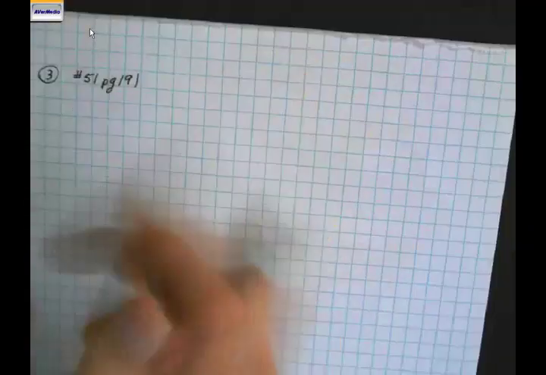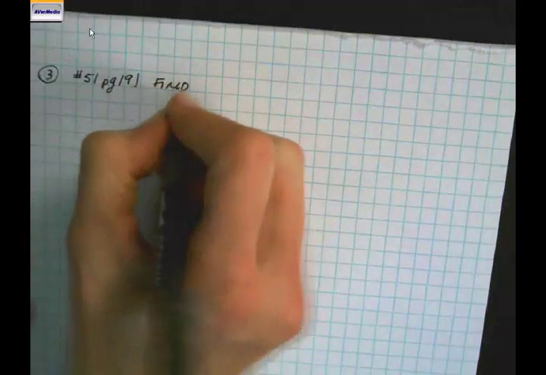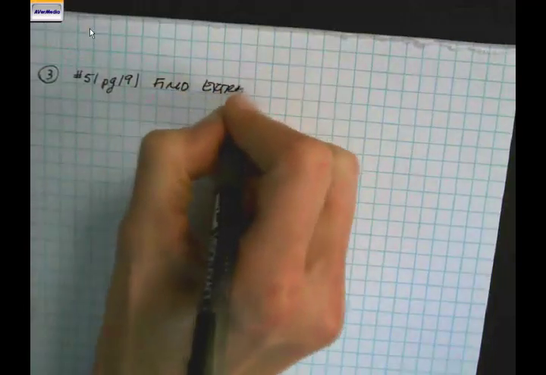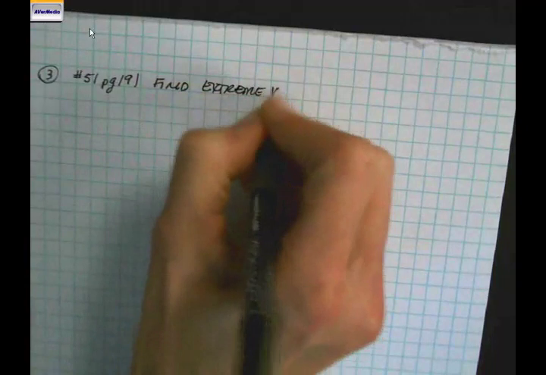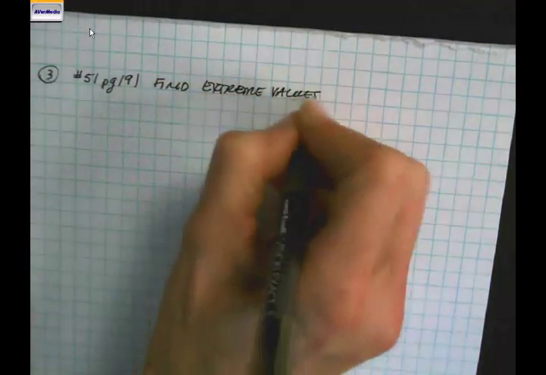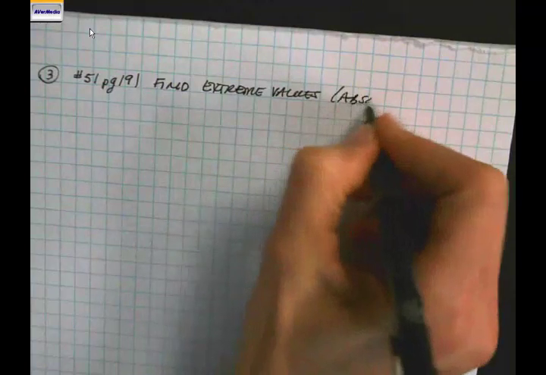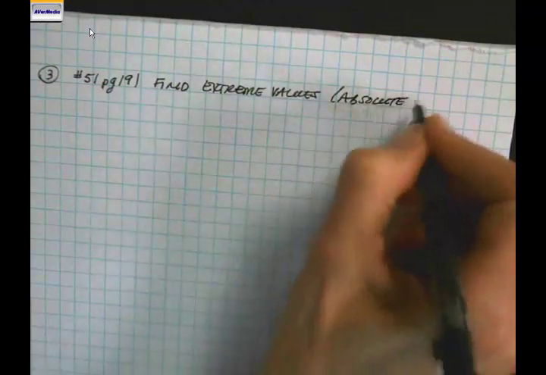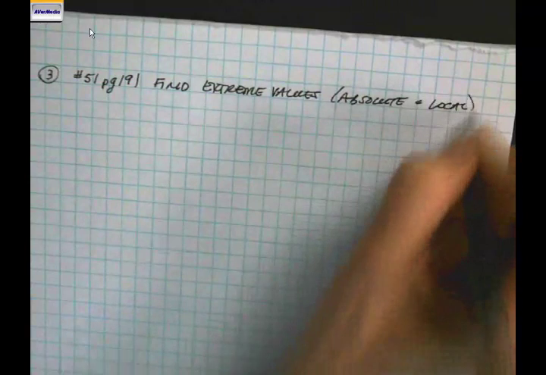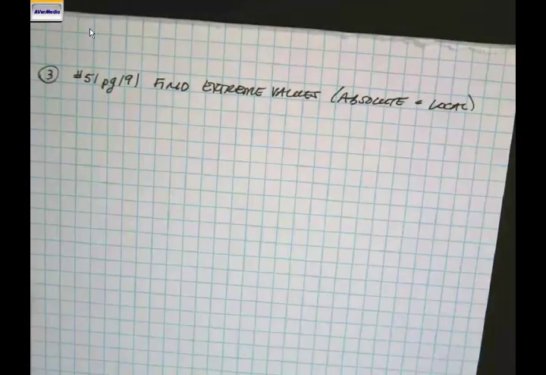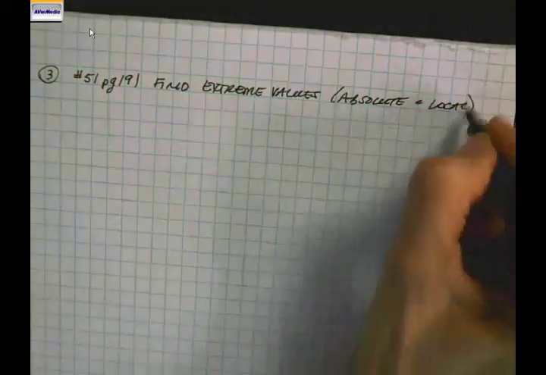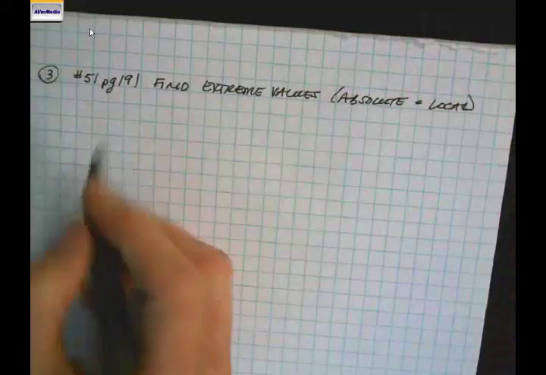Find the extreme values, absolute and local. That means find the local maxes and mins, and if any of them are absolute, let's define them as absolute.